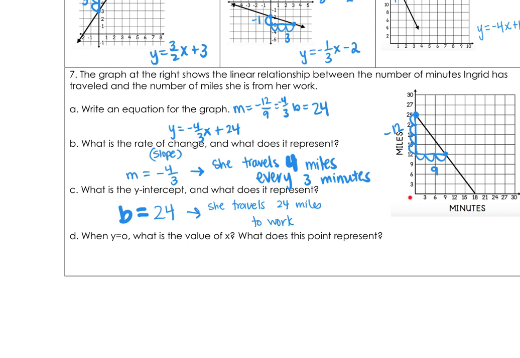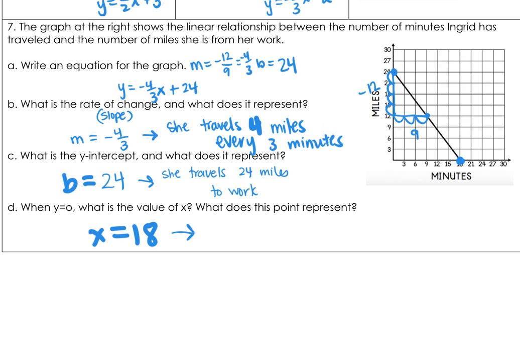Specifically tell me what's the number right now. Then we'll say what does it mean. What's the x value? There's no point at (0, 0). 18, right? There's a point right here. This is the point that has a y value of 0, and the x value of that point is 18.